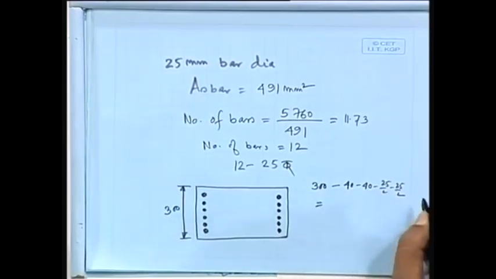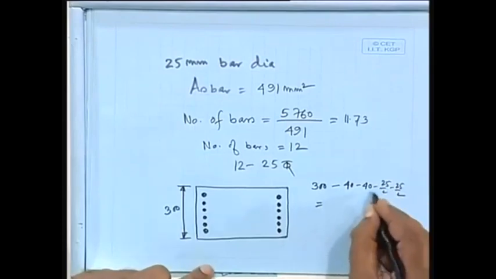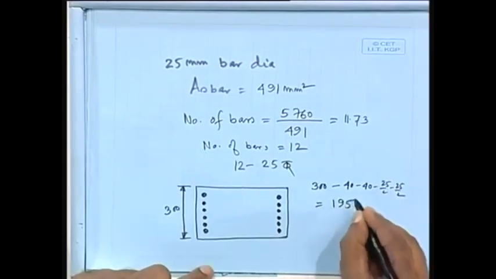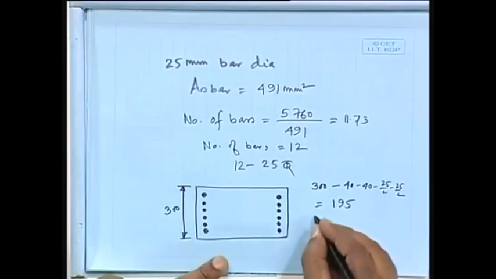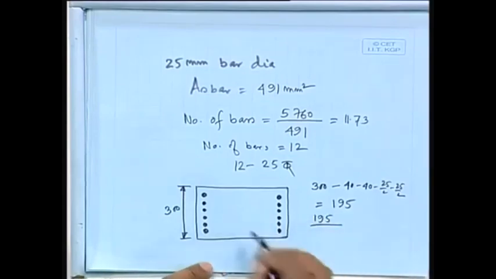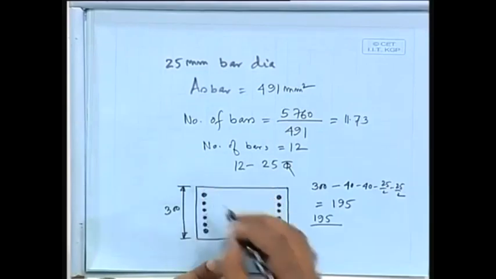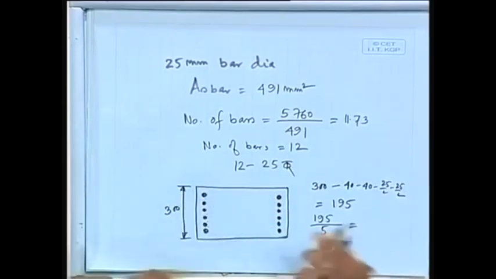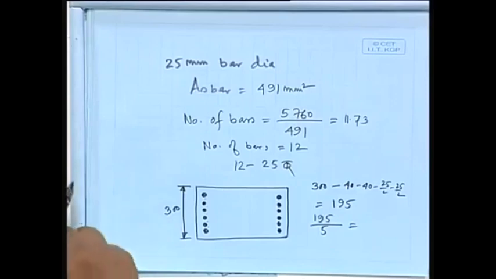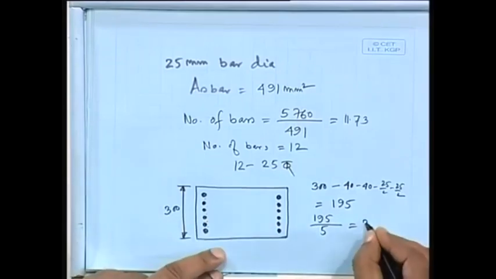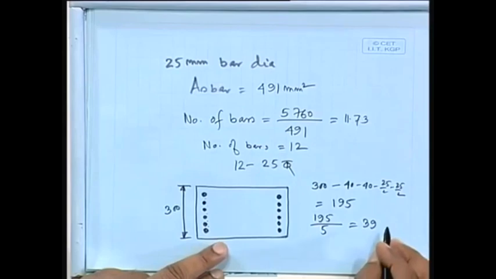So we get here 195. Now 195 divided by 5, there are 5 gaps. So 39 millimeters.